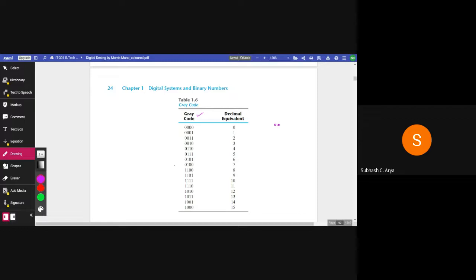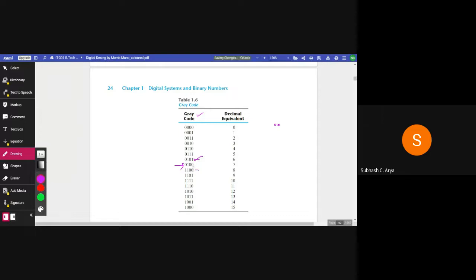Suppose my pointer is here and I want to check here and here. So you see 0 1, 0 0. This is your reference number. You go up and you observe only one bit change: 0 is as it is, 1 is as it is, 0 is as it is, 0 is converted to 1. So one bit change, so by definition that is okay.